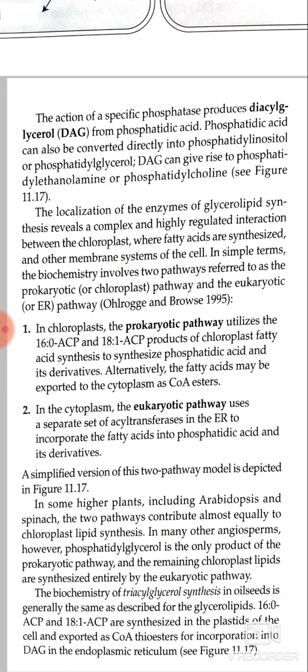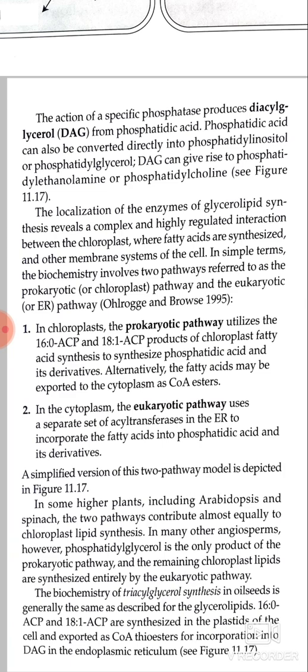Alternatively, the fatty acids may be exported to the cytoplasm as coenzyme A esters. In the cytoplasm, the eukaryotic pathway uses a separate set of acyl transferases in the ER to incorporate the fatty acids into phosphatidic acid and its derivatives.